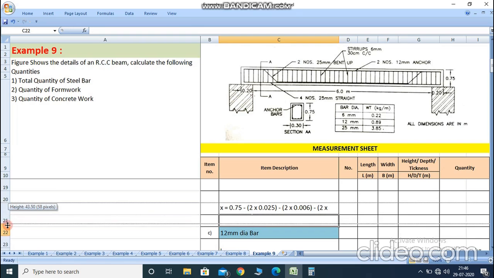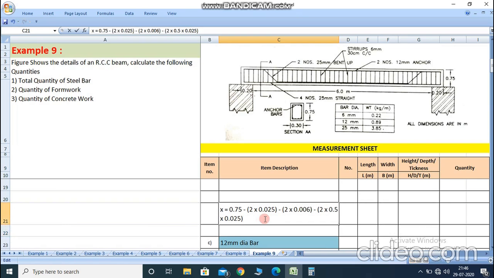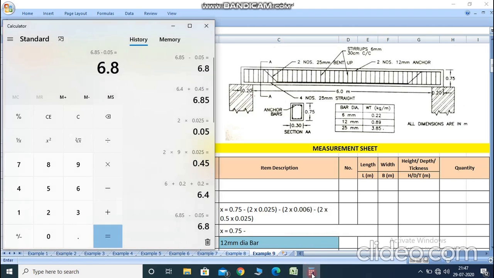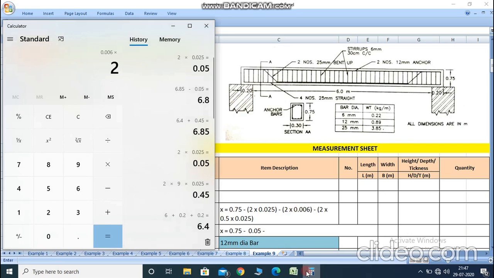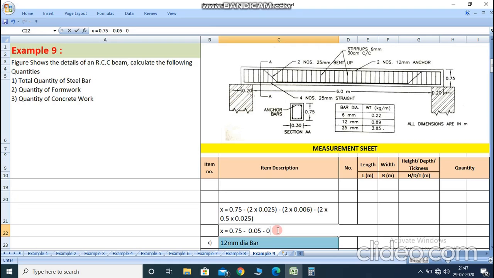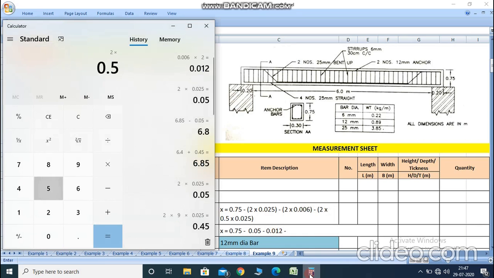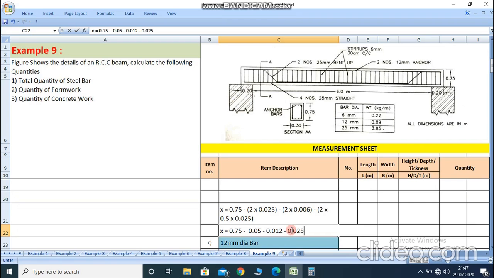Now we got the x value. x is equal to 0.75 minus 2 times 0.025, so answer is 0.05, minus 0.006 multiplied by 2, so 0.012, minus 2 multiplied by 0.5 multiplied by 0.025, so answer is 0.025.